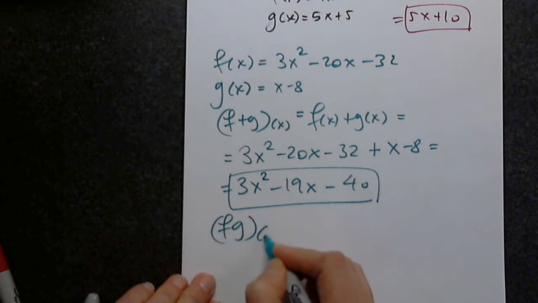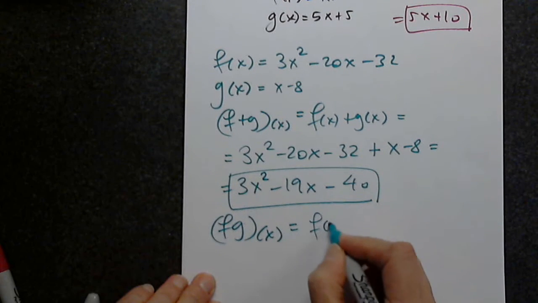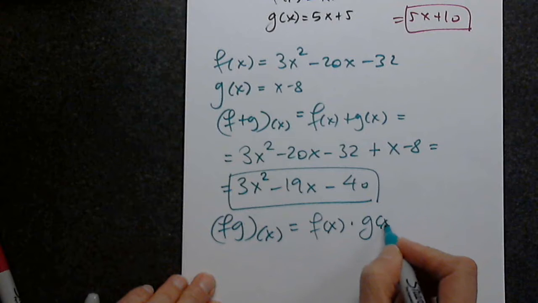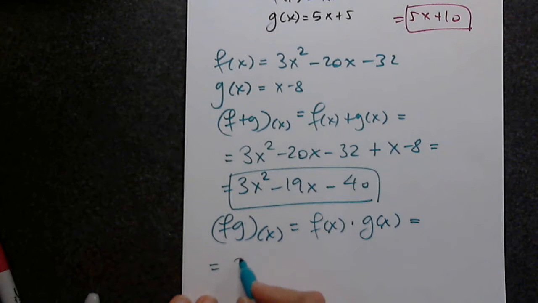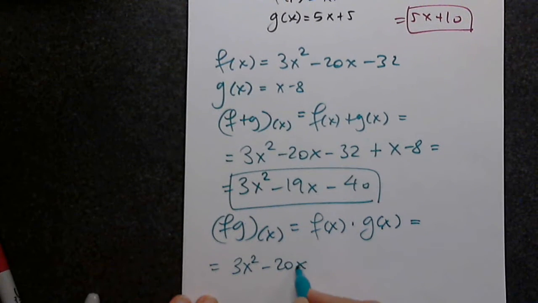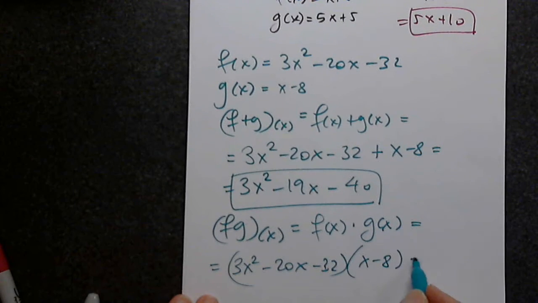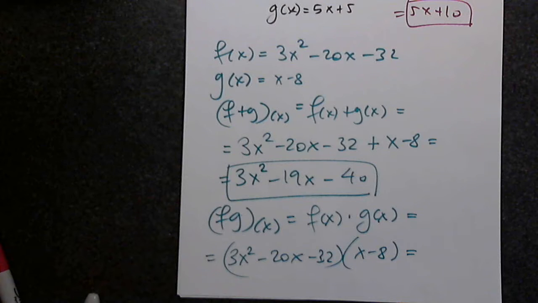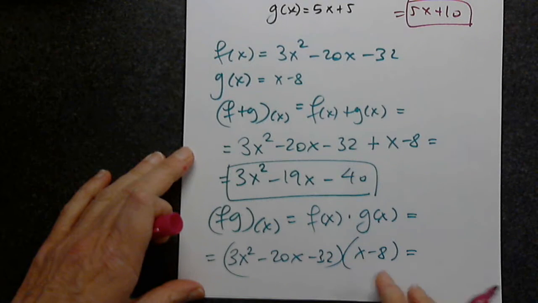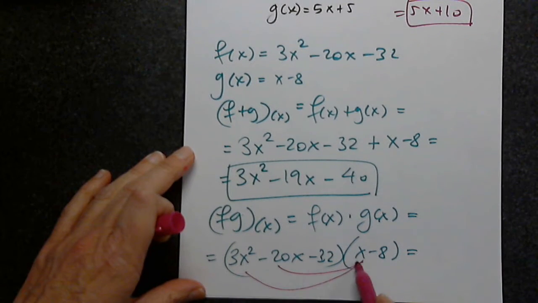So f times g of x is by definition f of x times g of x. F of x is 3x squared minus 20x minus 32, and then times x minus 8. Is this okay so far? Okay, so my habit, it's up to you, whatever you want to do, is to start with a small one, with a binomial in this case, and distribute to these three.